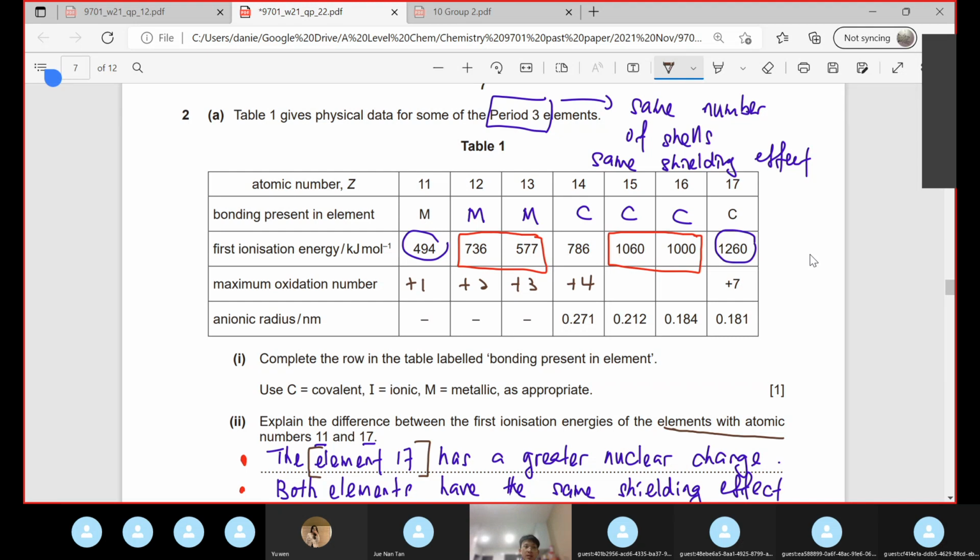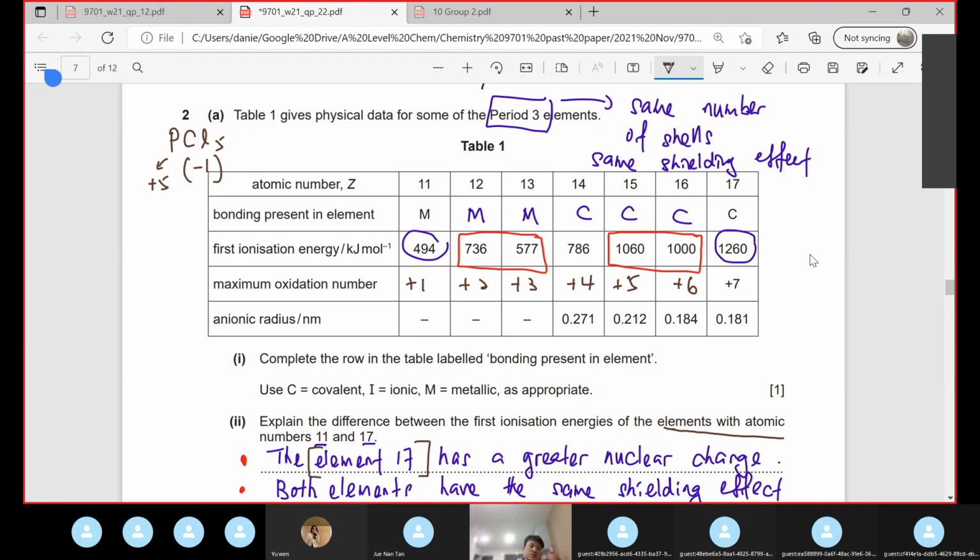You need to be able to remember a few molecules. For example, PCl5. Cl you have 5, right? So -1 for each chlorine atom, the oxidation number. So phosphorus needs to be +5. This is the maximum. So the maximum of phosphorus, or element 15, is +5. Then for 16 sulfur, it is +6.